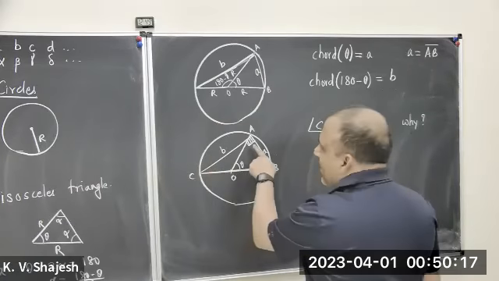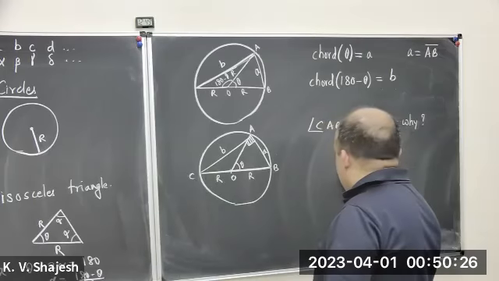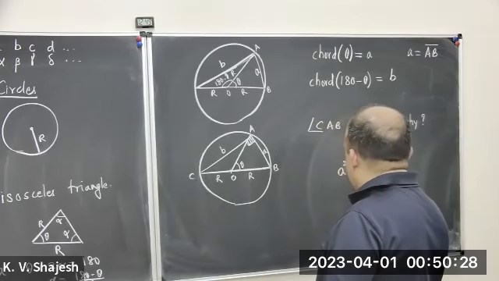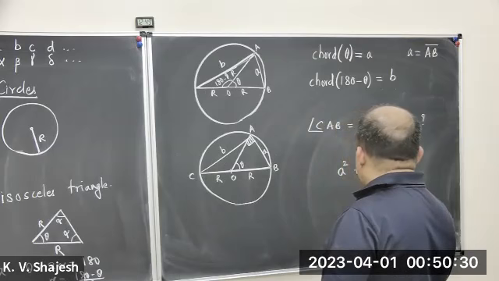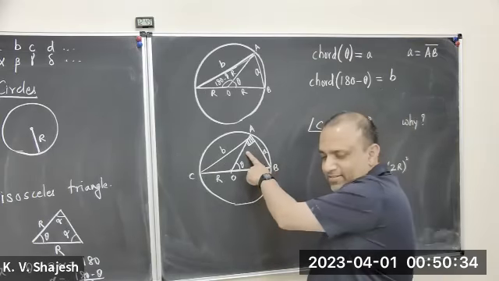By Pythagoras theorem, chord A squared plus B squared is equal to diameter squared. Yes, that's correct. If it was 90 degrees, all that is true. This is R, that's R. Pythagoras theorem says A squared plus B squared is equal to 2R the whole squared, if this is 90 degrees.